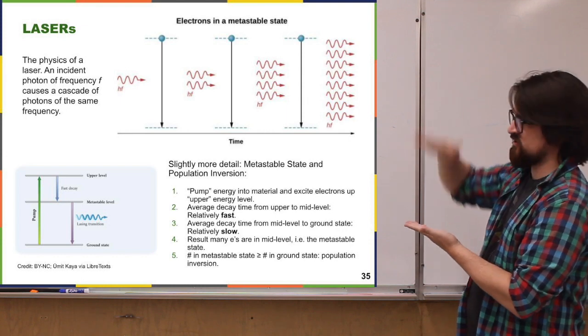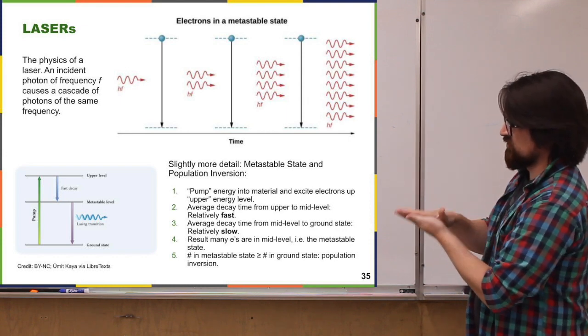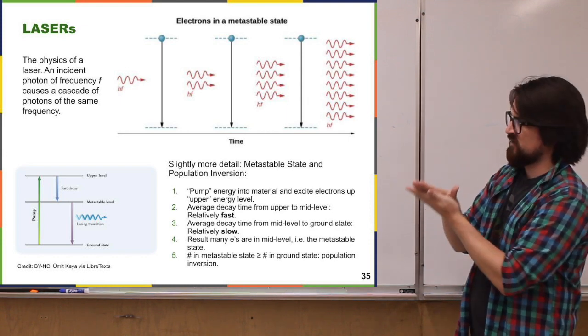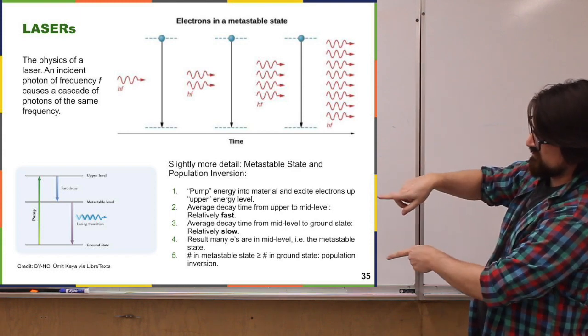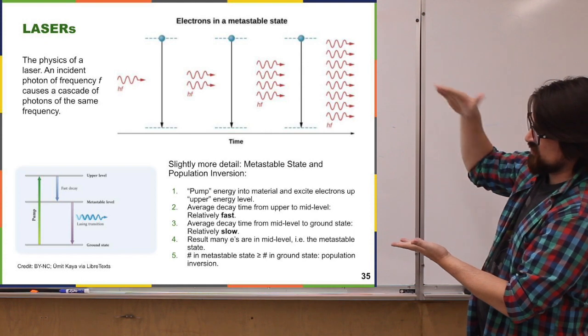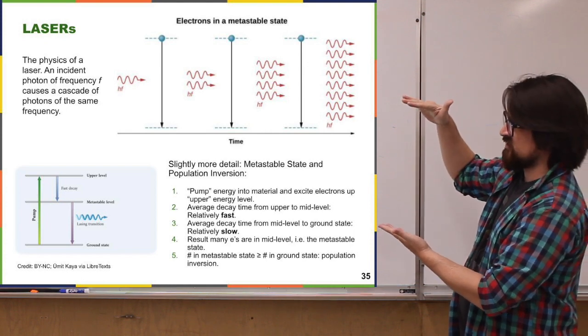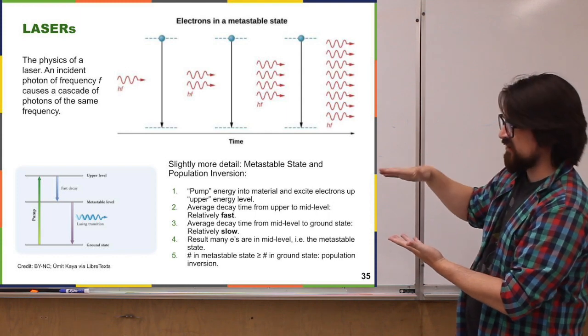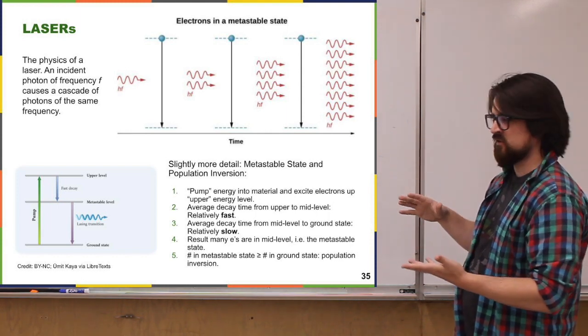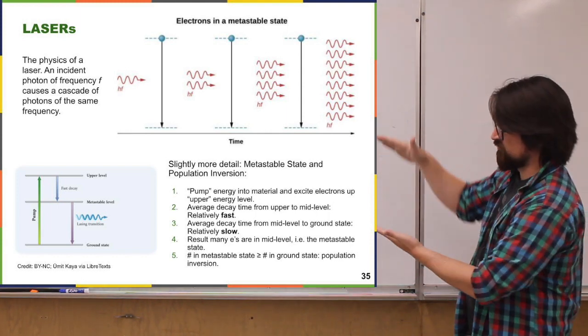It's not the same for each of those energy levels. So if you have a material where, say, an electron at this upper energy level, look at this band diagram here, is going to pretty quickly want to drop down to the middle level there. But that middle level actually has a relatively long lifespan before it wants to drop down to the ground state again.